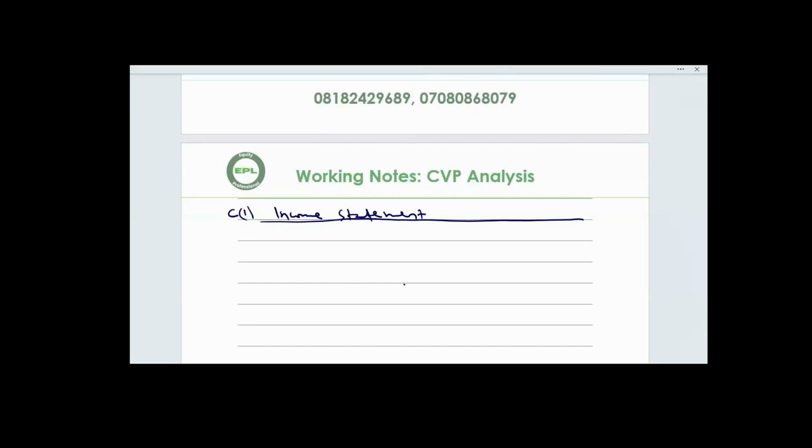The examiner has told you in the question that only 20,000 units are executive bags. That means only 20,000 units is for executive. It means that the balance of 180,000 units of the 200,000 is meant for common.